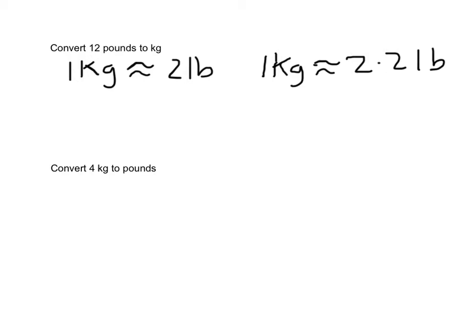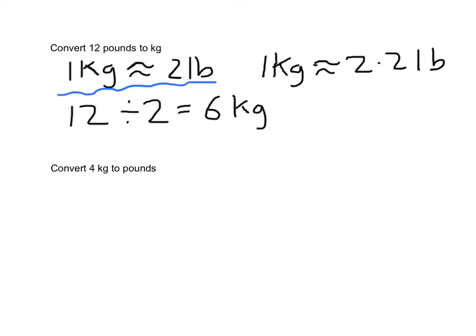So, if we want to convert 12 pounds to kilograms, assuming that I want just a rough conversion, I'm going to use this conversion here, because that's easiest. It's going to give me my answer most straightforwardly. So, if I take 12, all I need to do is divide it by 2, and that's going to give me 6 kilograms.